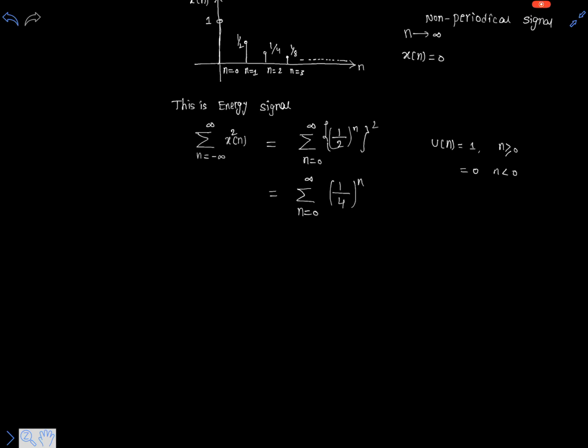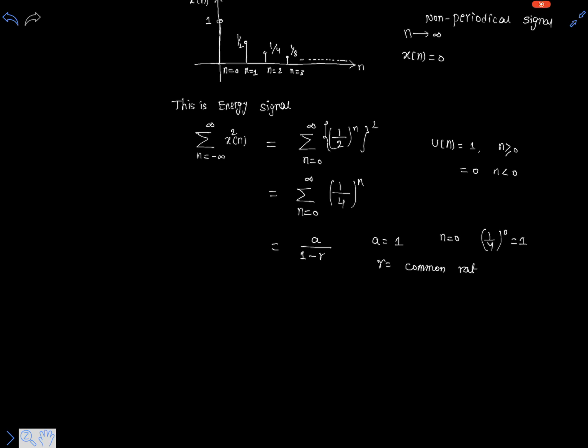Now, this summation can simply be solved using the basic formula for the summation of a geometric progression, a over 1 minus r. Here a is the first term, which is 1, because at n equals 0, (1/4)^0 is 1, and r is the common ratio.